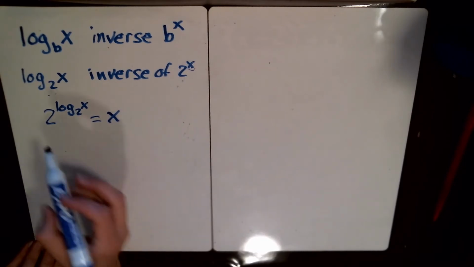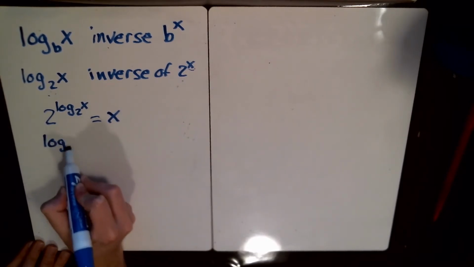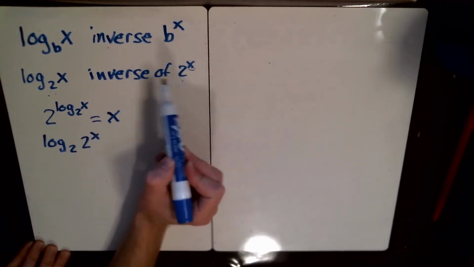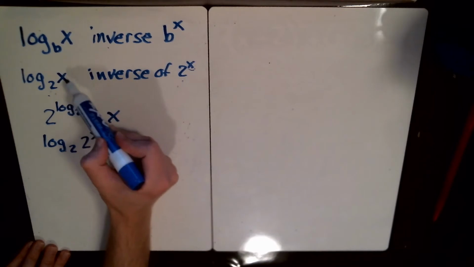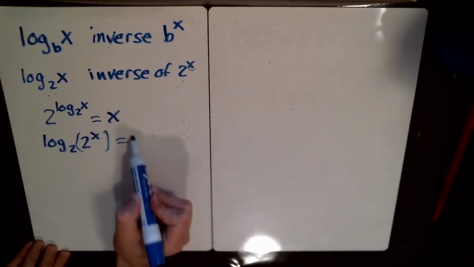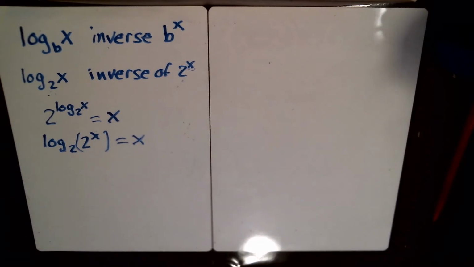Also, if you do log base 2 of 2 to the x, you just get x again. They undo each other.